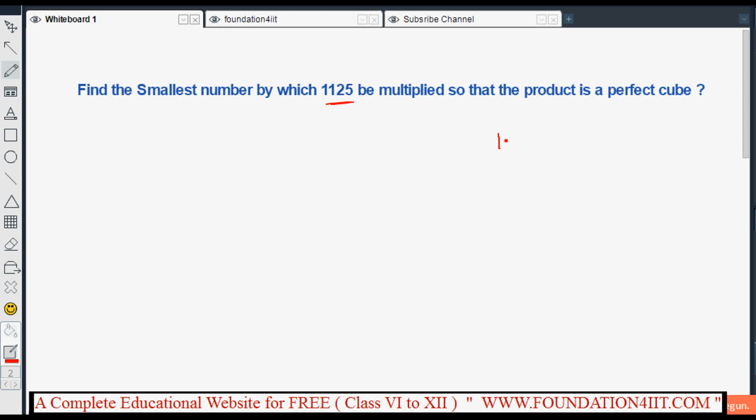So what number do we need to multiply to make this a perfect cube? Take 1125 and resolve it into prime factors. It's divisible by 5, and you can also take 3, because it's divisible by 3.